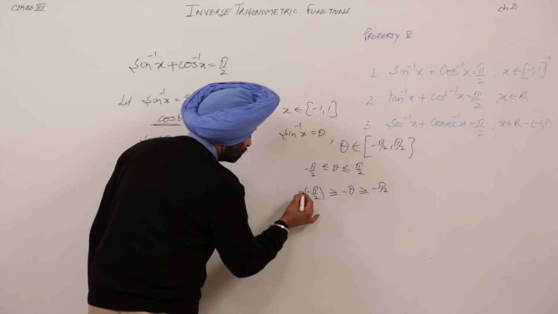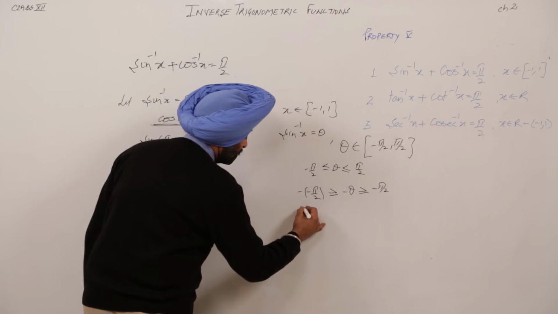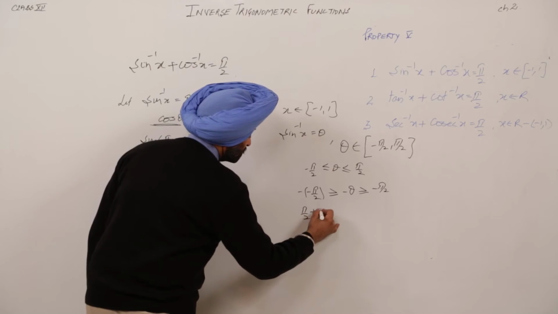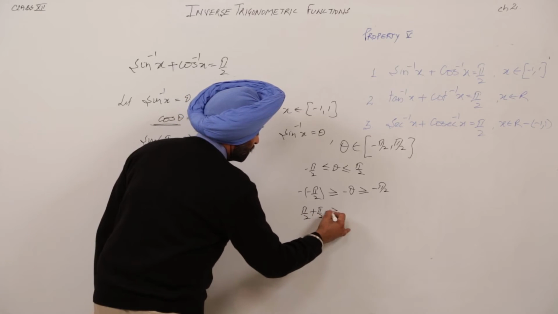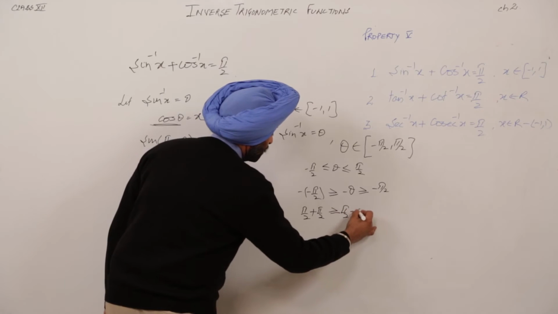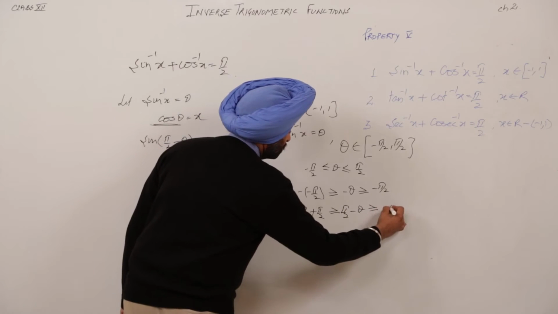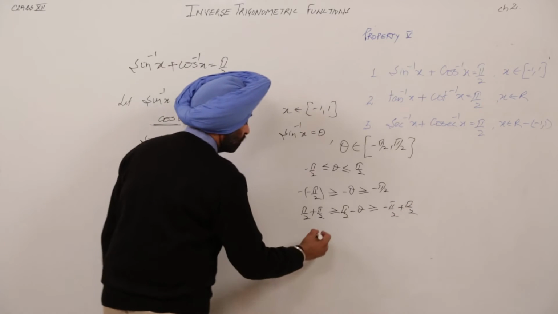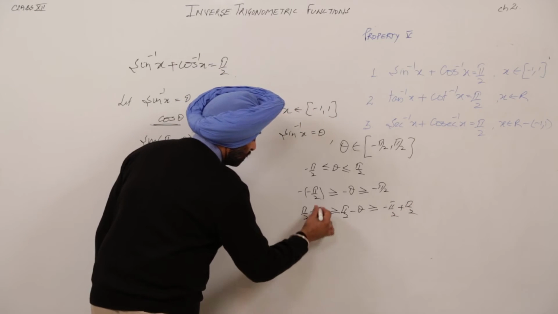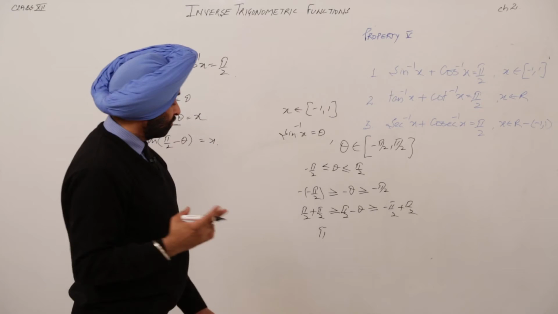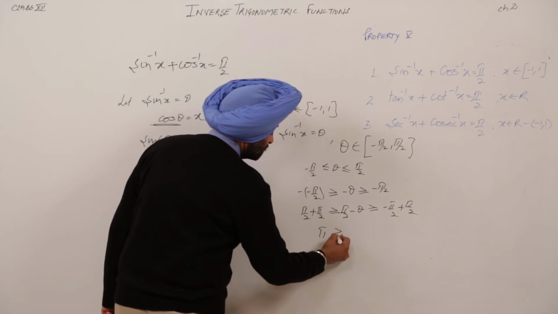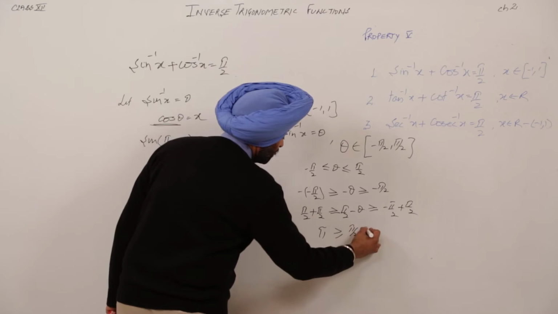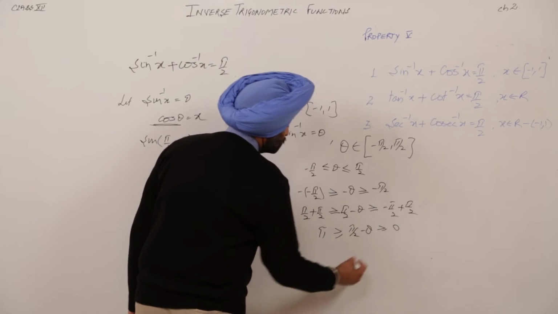So what we are getting now, this into this becomes positive. We have pi by 2 plus pi by 2 is greater than or equal to pi by 2 minus theta is greater than or equal to minus pi by 2 plus pi by 2. So what is the result? Pi by 2 plus pi by 2 is pi. So pi is greater than or equal to pi by 2 minus theta is greater than or equal to 0.